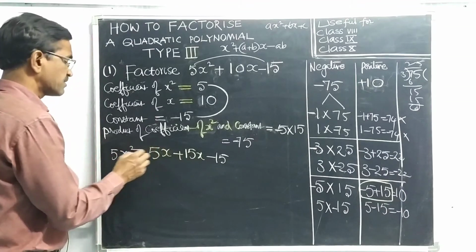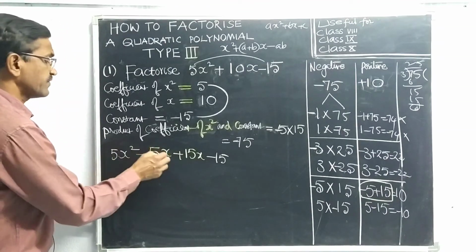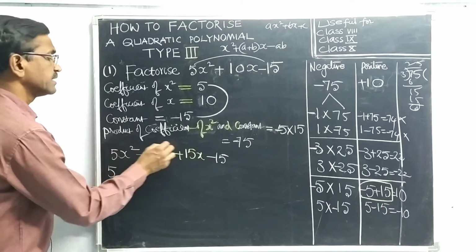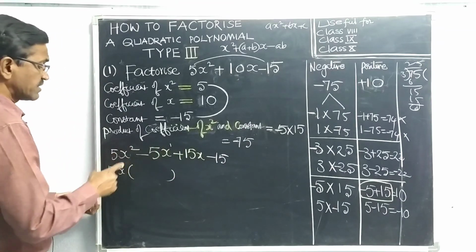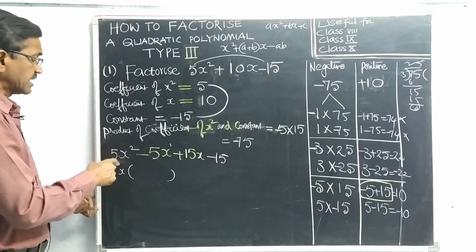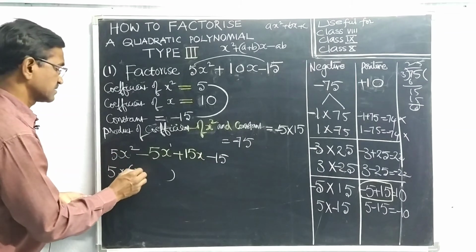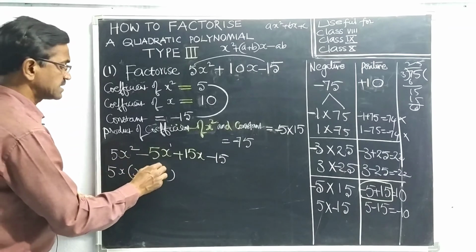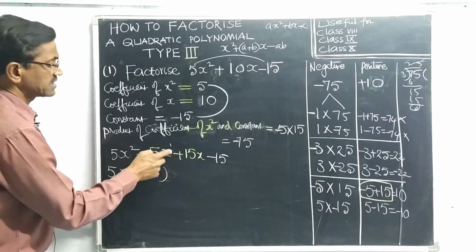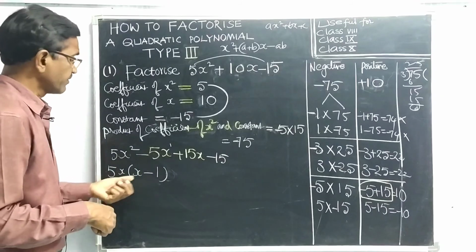Now what is the common factor here? 5 1s are 5, 5 is the common factor, x is also a common factor. Now divide 5x square by 5x, we get x. Minus by plus is minus, 5x by 5x cancel, we get 1.